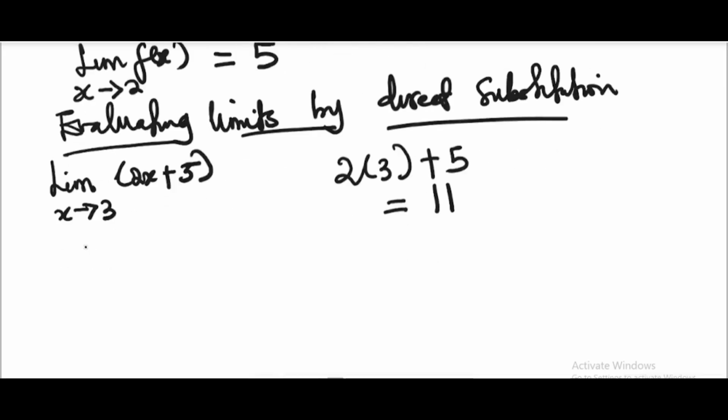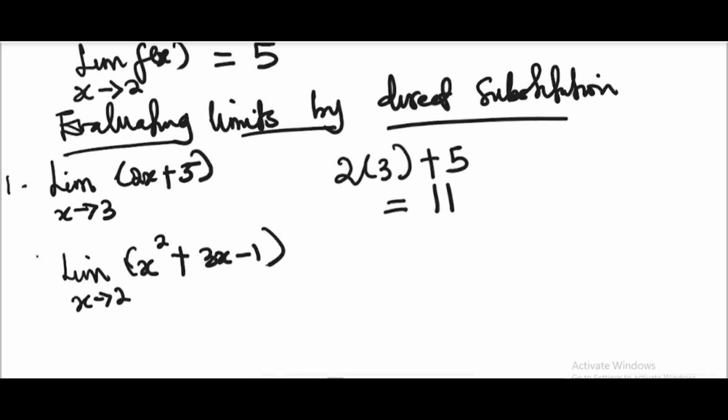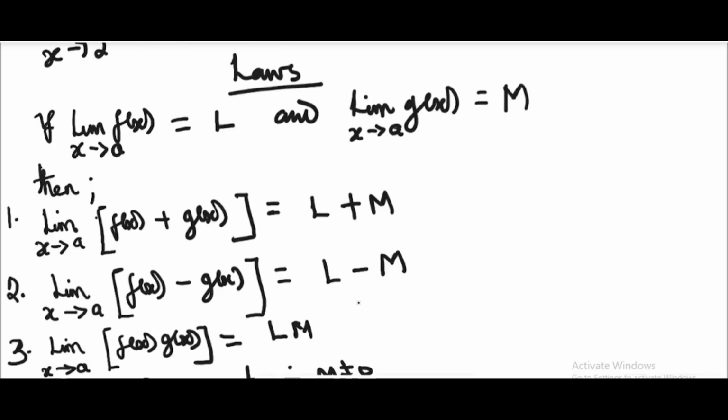So now what if its limit as x tends to 2 of x squared plus 3x minus 1? Now I want you to look at these two questions. Addition, adding the limits will simply add the results. Are you getting what I'm saying?